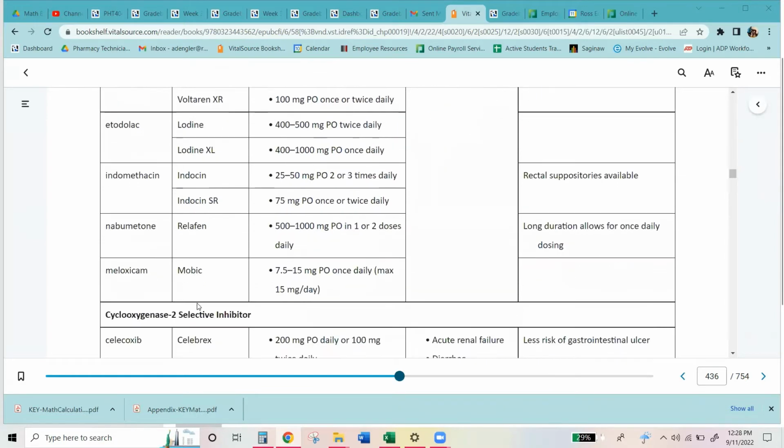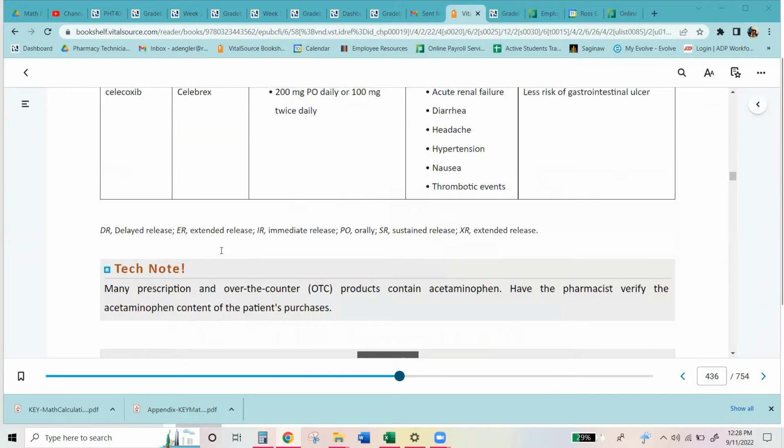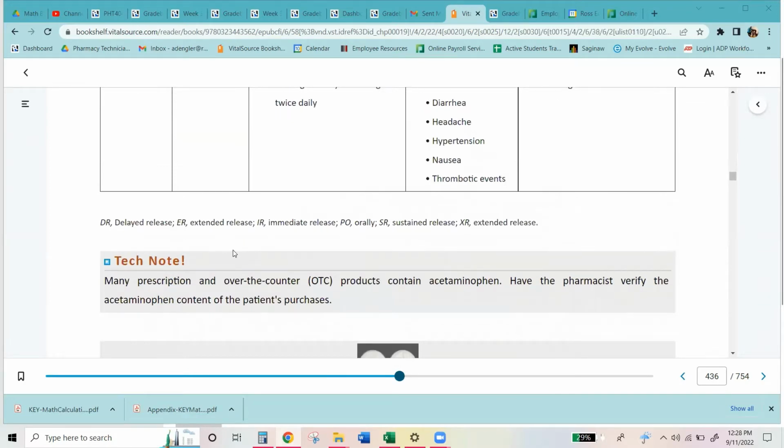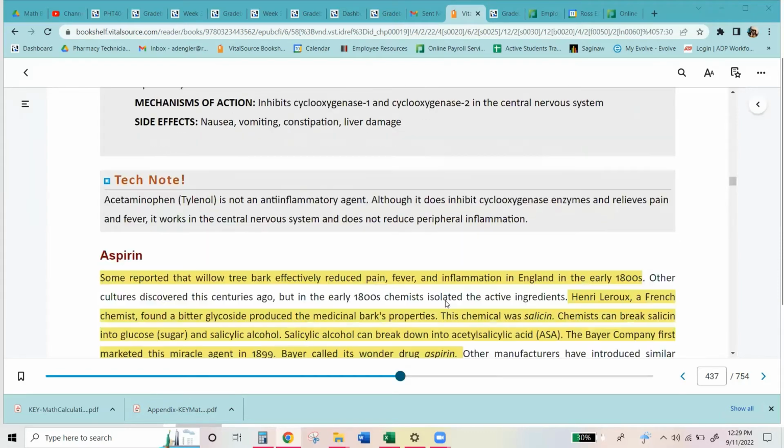There is Mobic, Relafen. So Tylenol comes in a few different routes of administration: oral, tablet, or liquid, chewable. I believe they still make that. There are rectal Tylenol suppositories, and of course, we can give it intravenously in a hospital.